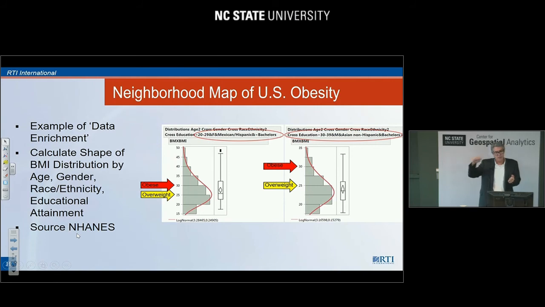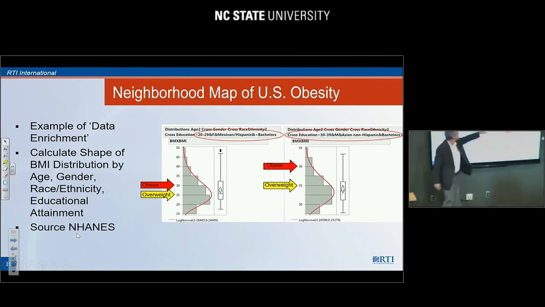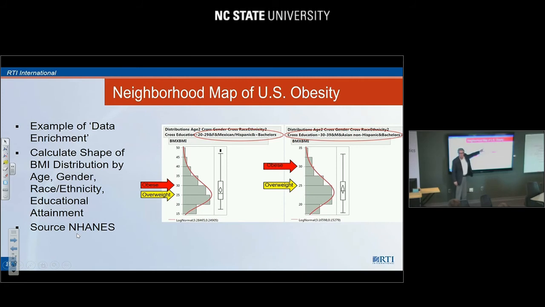And so the statisticians do their stuff and they say, okay, based on these 5,000 records, if we look at people who are age 20 to 29, female, Hispanic, and they have less than a bachelor's degree, this is the shape of their BMI distribution for those people who match those characteristics.